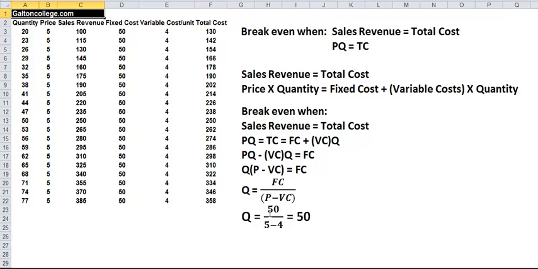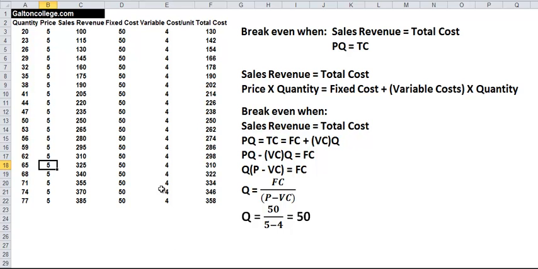Now let's substitute numbers in here. Fixed costs are 50, all the way down. So fixed cost is 50. Price is 5, constant all the way. So it's 5 minus VC.